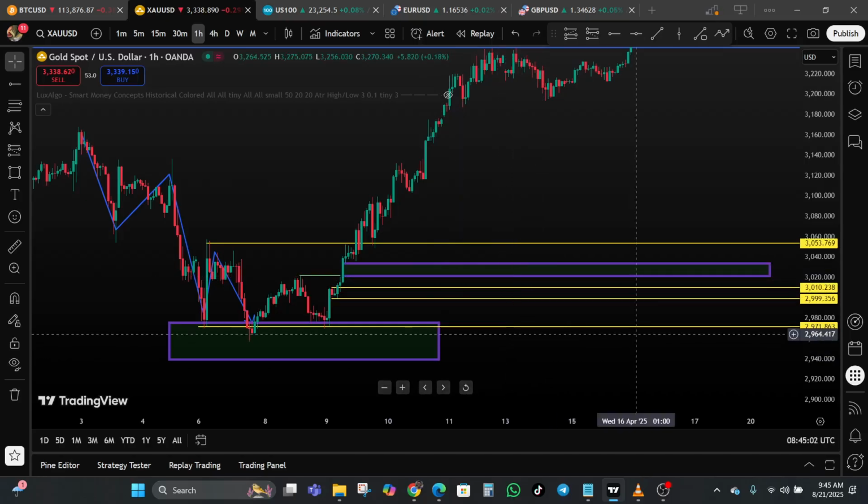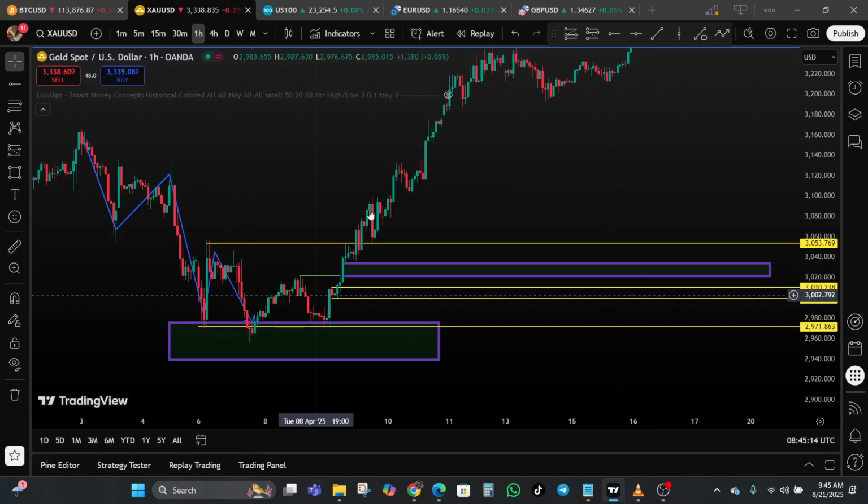So how do we put this all together? The ICT Gold Trading Strategy involves a simple process. First of all, you identify the overall market structure on gold. Then you locate key liquidity pools above highs or below lows.